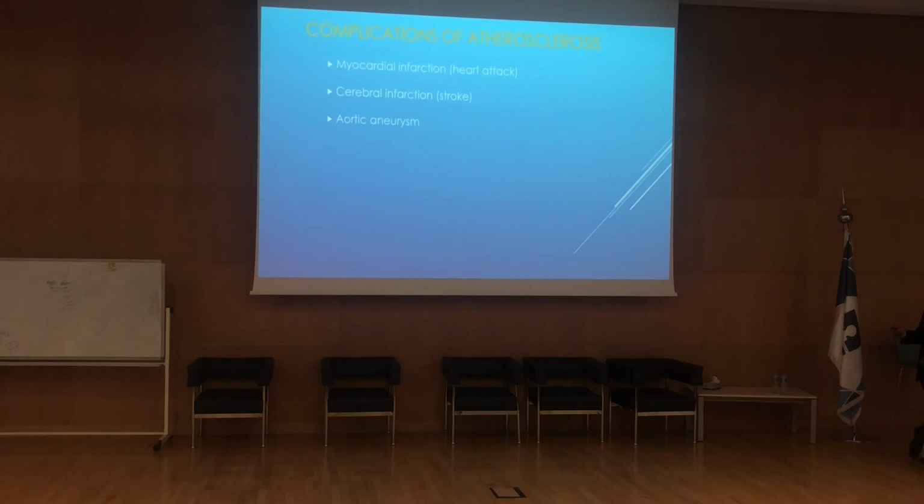Myocardial infarction, if it is completely occluded; cerebral infarct or stroke, if it is in the circle of Willis; aortic aneurysm, more difficult and common. Normally, aortic aneurysm is abdominal aortic aneurysm. The abdominal aorta is more prone to develop it. Otherwise, thoracic can also, but usually abdominal aortic aneurysm.